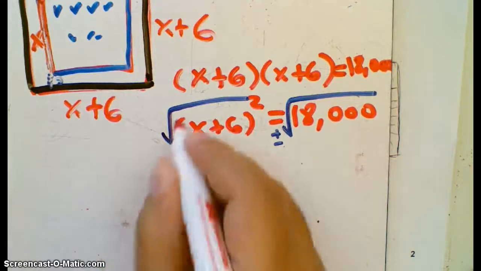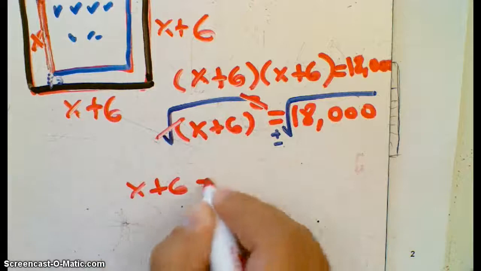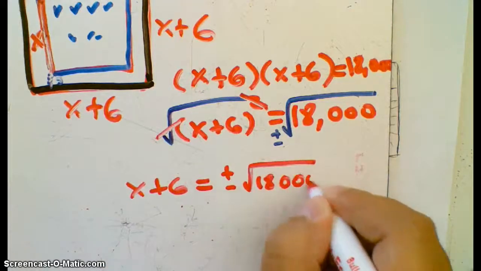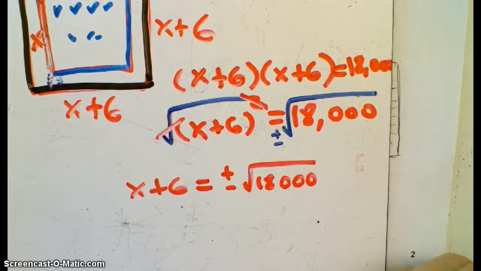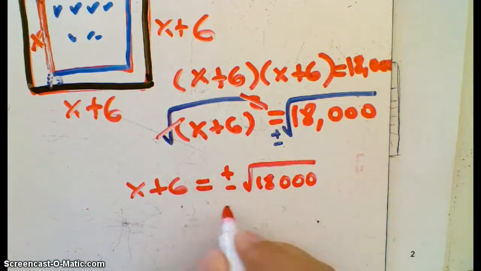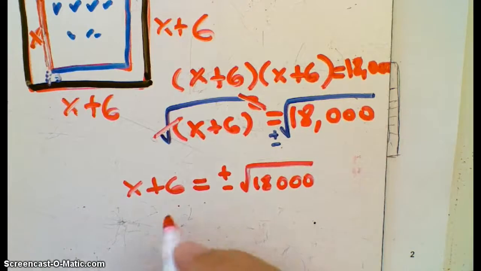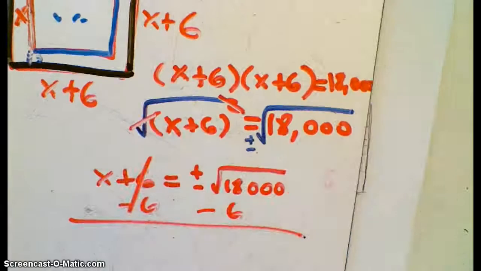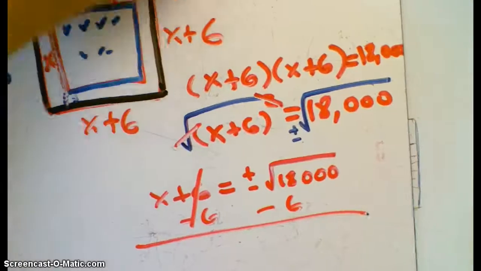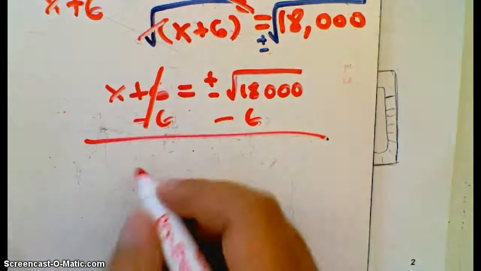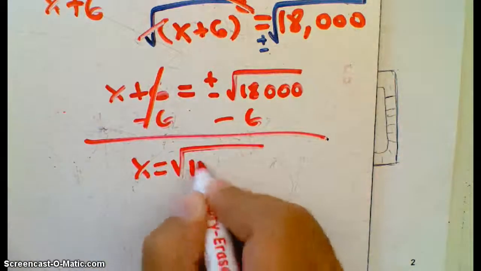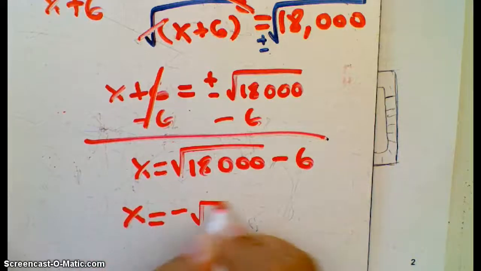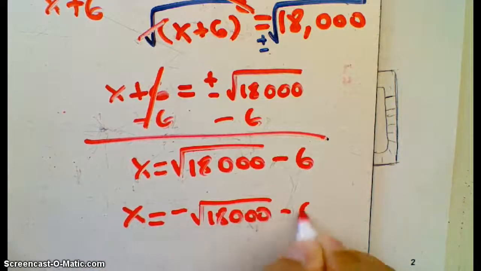So x plus 6 equals positive or negative square root of 18,000. I'm going to have two answers naturally. But first let me get rid of this plus 6. Minus 6 on both sides. And I get x equals positive square root of 18,000 minus 6. And the other answer I get is negative square root of 18,000 minus 6.